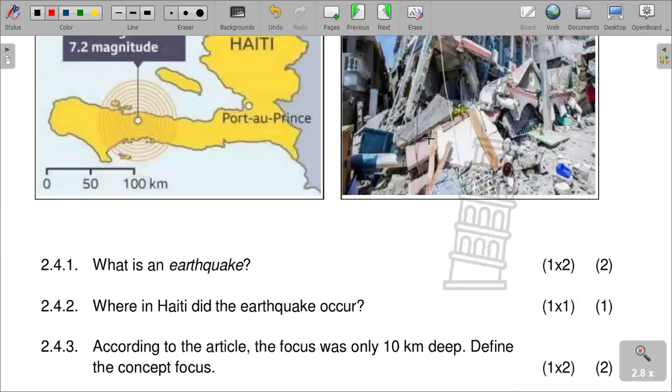So we can say vibrations of the earth's crust is an earthquake.